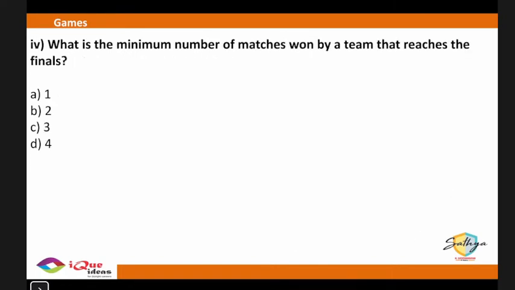Okay. What is the minimum number of matches won by the team that reaches finals? 3 मैचेस जीत के फाइनल में पहुंचना पॉसिबल नहीं है. वो तो पॉसिबल है बट तो 4 या 3? 4. क्यों 4?